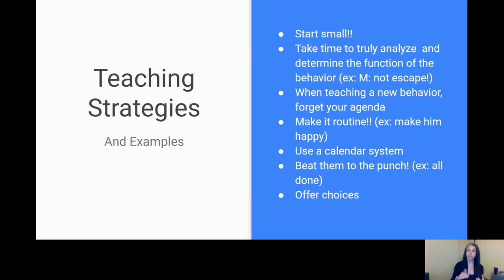Every single time the song she liked ended, she was trying to dive out of her chair, which was not safe. I would say, "Are you finished?" And she would take my hands, kind of sign finished, and I'd say, "Okay, go play." And so she never had the opportunity to dive out of her chair, but I had to change my agenda for her. I couldn't expect her to sit there any longer. I had to teach her a replacement behavior, adjust my agenda, and then I'll be able to build from there.